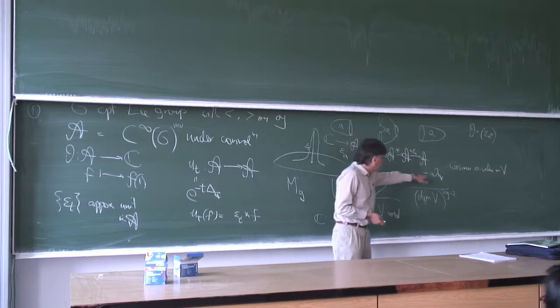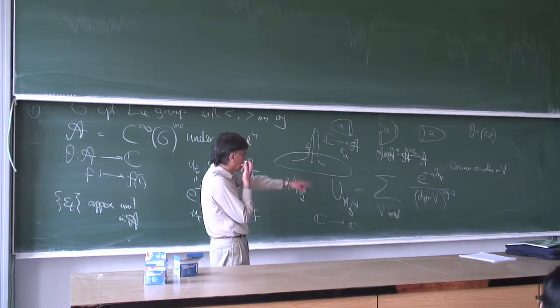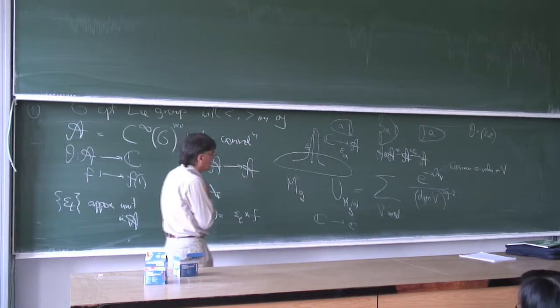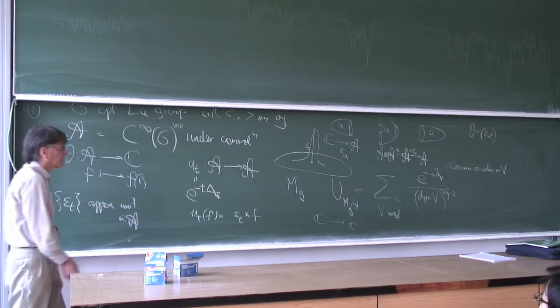So, as A becomes small, we can ask what happens to this asymptotically. The measure should be concentrated on things of very small curvature.